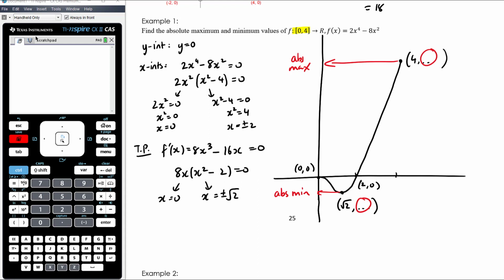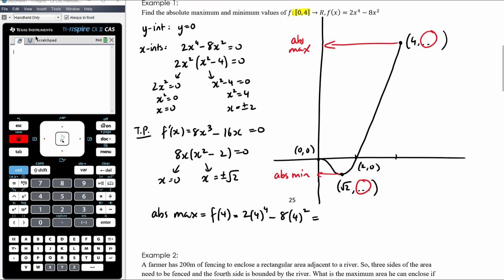Okay, so the absolute maximum is f at 4, which is 2 times 4 to the power of 4 minus 8 times 4 squared. Apologies if you can hear some background noise. My washing machine is going through a vigorous period of its cycle.